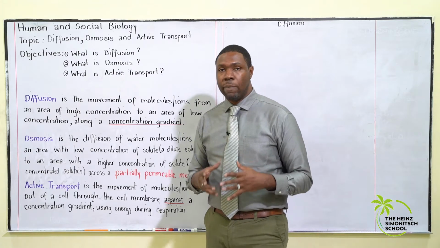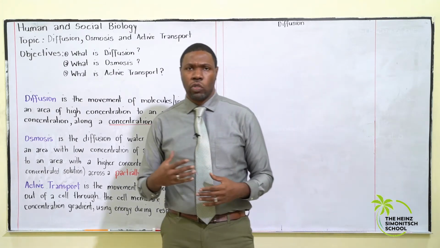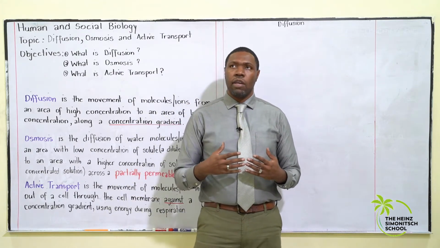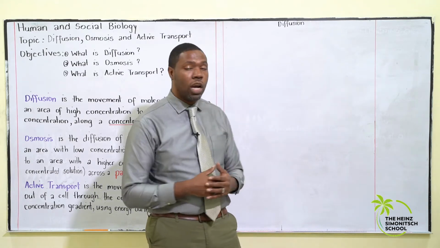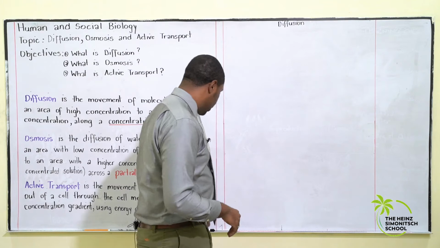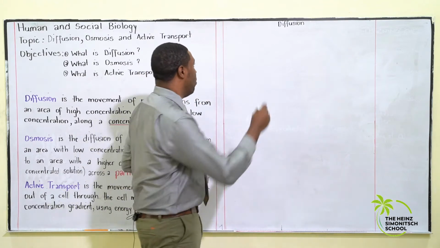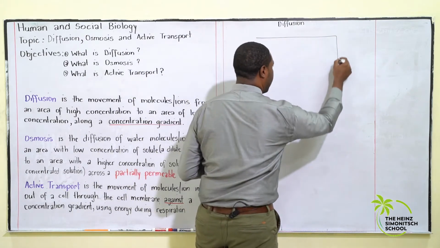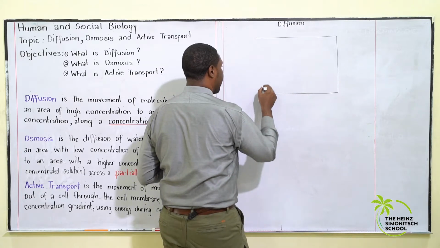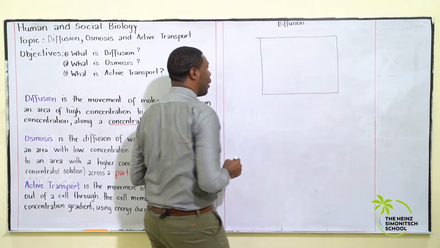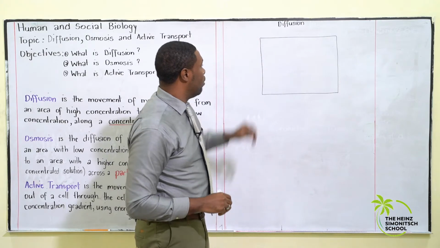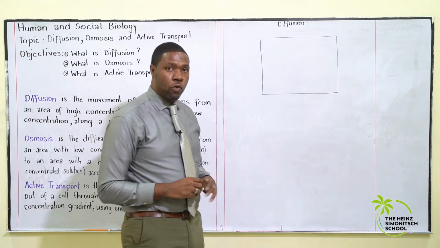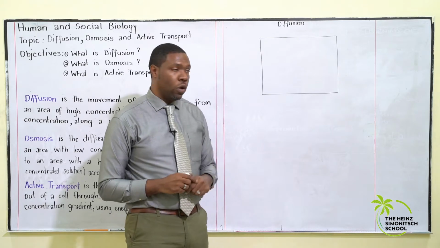Now, I'll be doing a simple illustration that will help to clarify what diffusion is. All right? So let's say we have a room. Now, in one corner of the room, we're going to spray our favorite cologne.